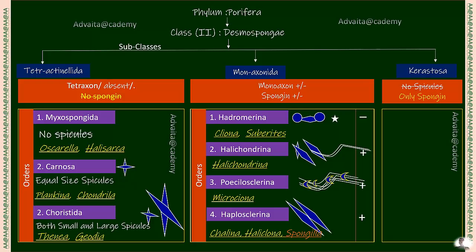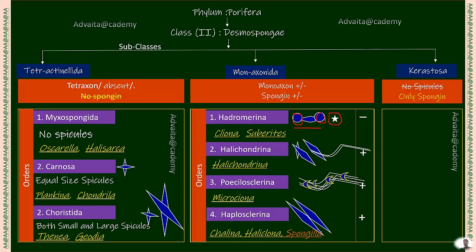They are monoaxon, but they have a disc on either side. So that's why amphidiscus spicules are there. And star shaped small spicules are there.